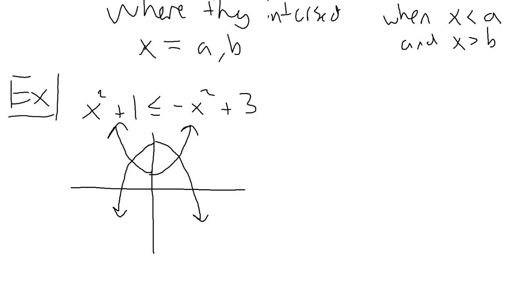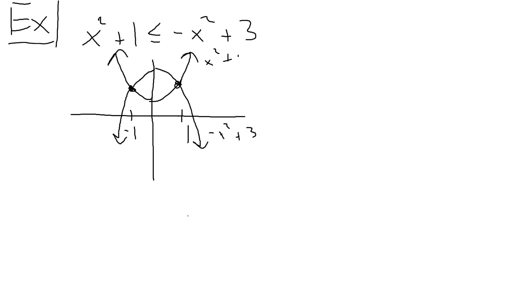And then I'm asking when is x squared plus 1 less than or equal to that? And so when the graph is lower, looks like from here to here is when x squared plus 1 is less than or equal to the other one. So if we had the information, which is true about these functions, that they intersect at -1 and 1, then what we'd see is that the solution to this inequality is all of the x's in between and including -1 and 1.